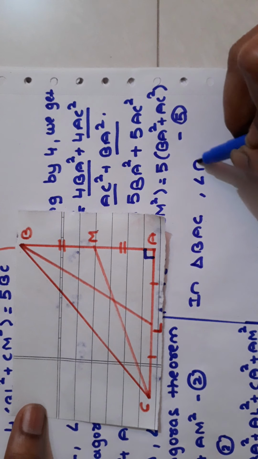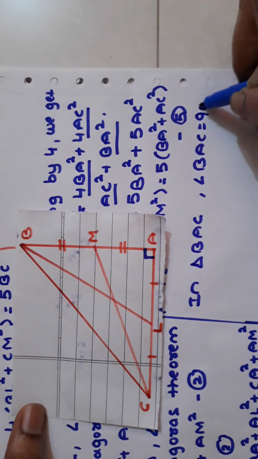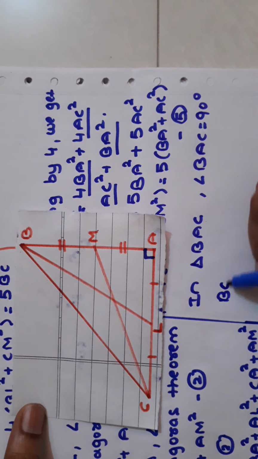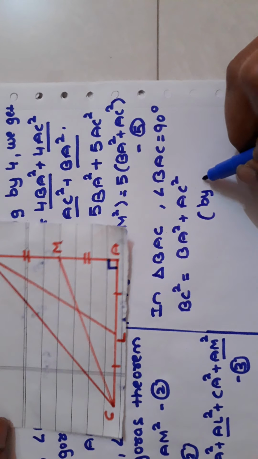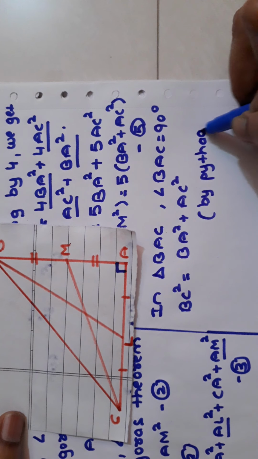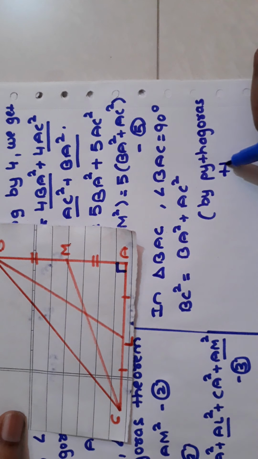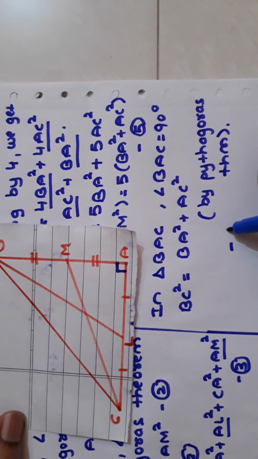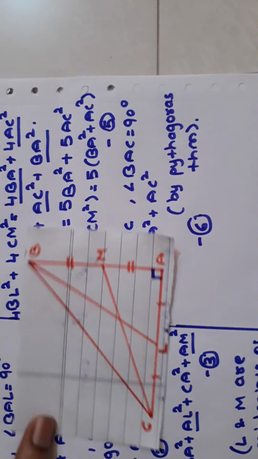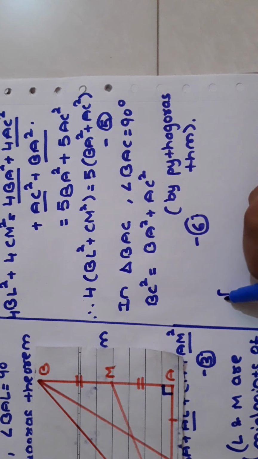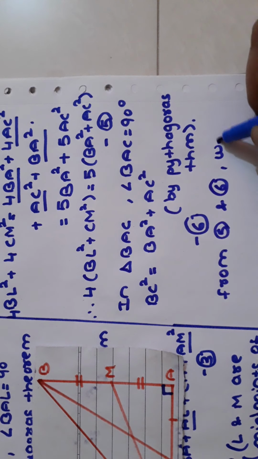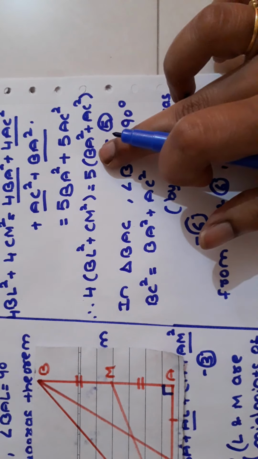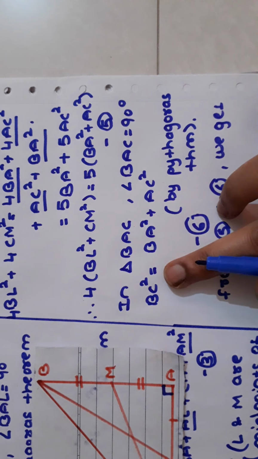In triangle BAC, angle BAC is 90 degrees. Therefore, by Pythagoras theorem, BC square is equal to BA square plus AC square. Now from 5th and 6th, in place of BA square plus AC square, substitute BC square.